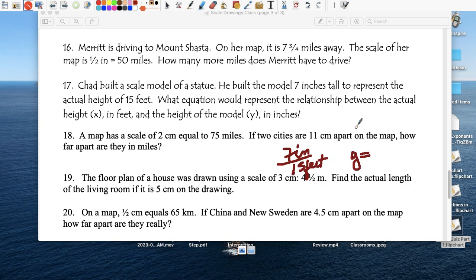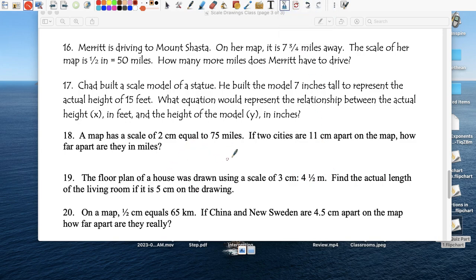The actual is 15. Right? I'm calling that x, and this is y. Yep, y equals 7 over 15x.